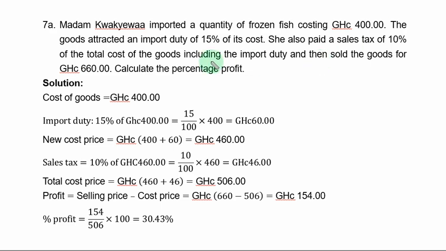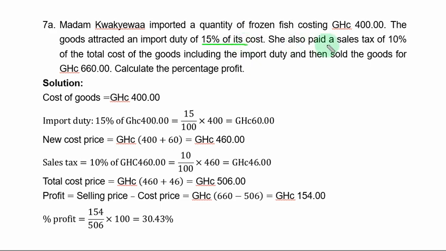Question 7a. Madam Kwakyewa imported a quantity of frozen fish costing 400 Ghana cedi. The goods attracted an import duty of 15% of its cost.